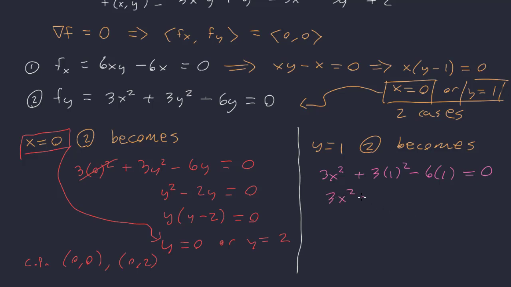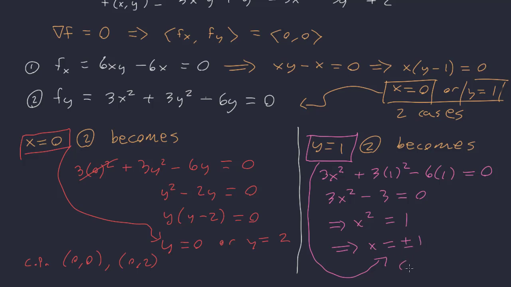So we get 3x squared minus 3 equals 0. Dividing by 3, we'll get x squared minus 1. So x squared is equal to 1, which means that x is plus or minus 1. So the y equals 1 case gave us x is either positive or negative 1.